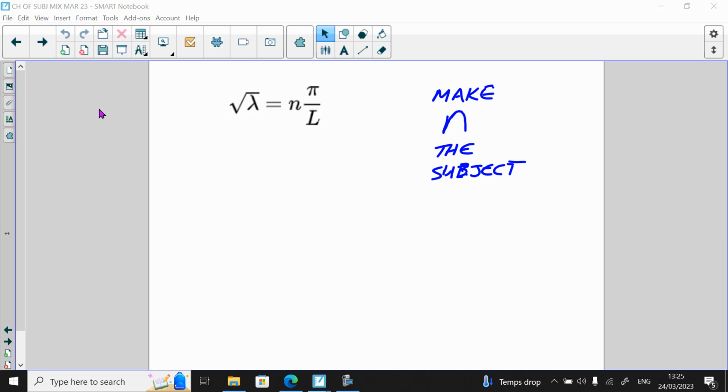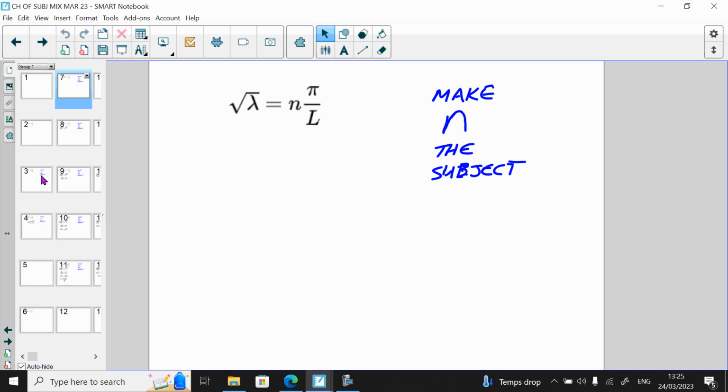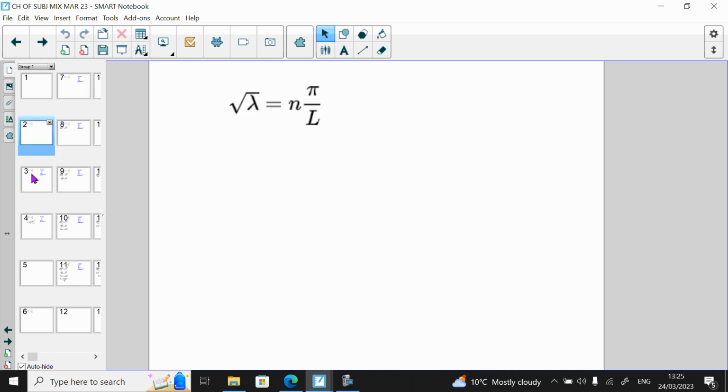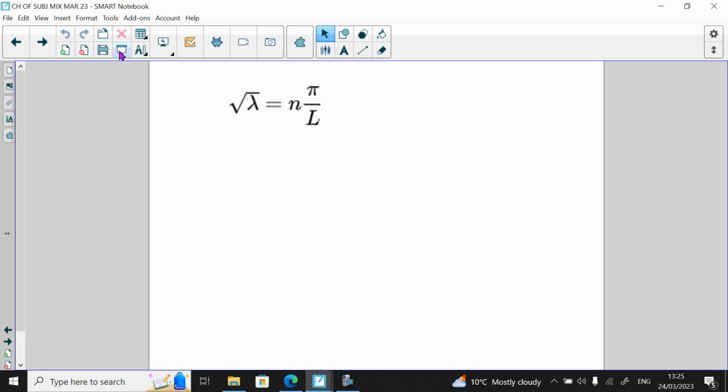Do I want to make N a subject? Let's see. I don't think I want to make N a subject. I'm going to make lambda the subject. That makes it easier. Sorry, got ahead of the game there. Like I said, my editing skills are not brilliant.